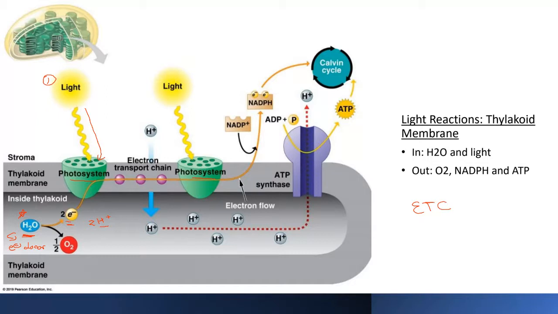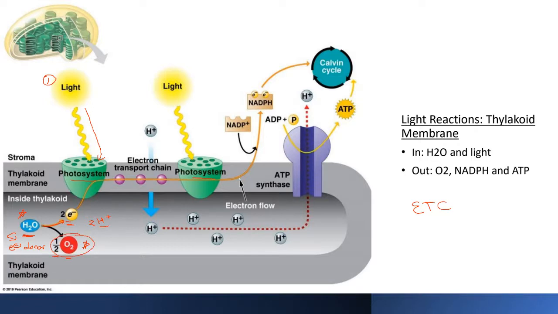And when you see here half O2, that means 1 atom of oxygen. But in reality, this oxygen atom will find another oxygen atom, come together, and make O2, oxygen. Don't need to go into much detail. Just know that water is the electron donor. It is going to be donating the electrons, and from this we'll be getting oxygen.